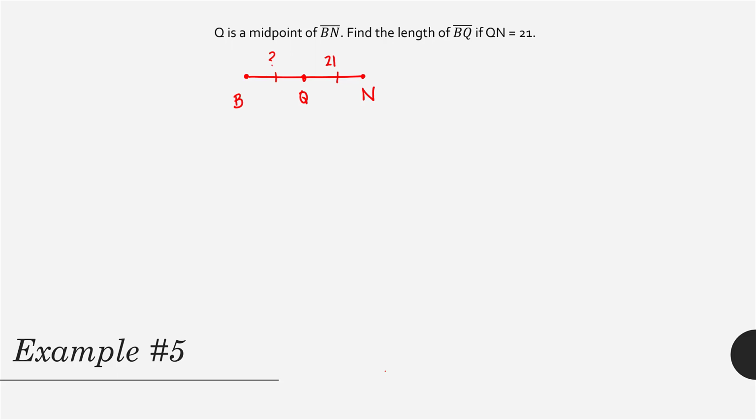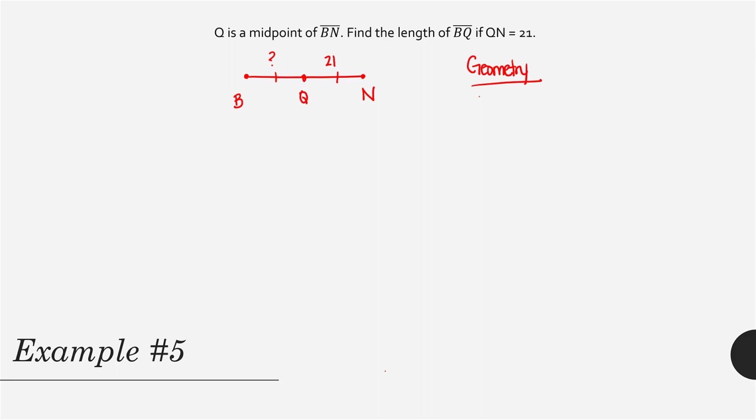Okay. Now this time with our geometry statement, we don't care about BN. Nowhere in the problem does it give me any values for BN. It wants to know a relationship between the left side and the right side, BQ and QN.